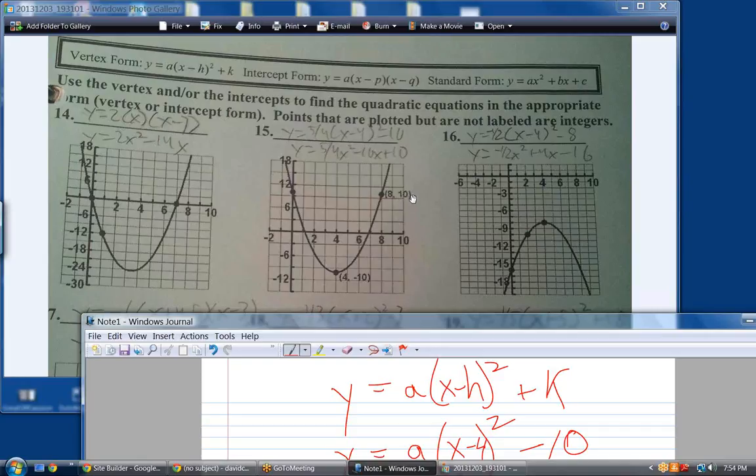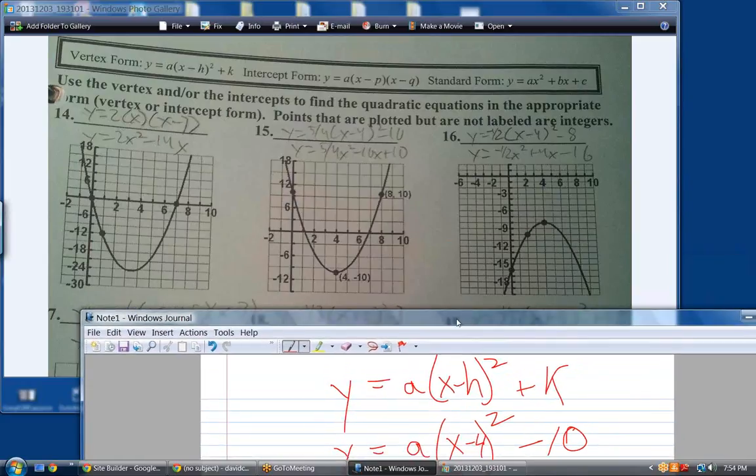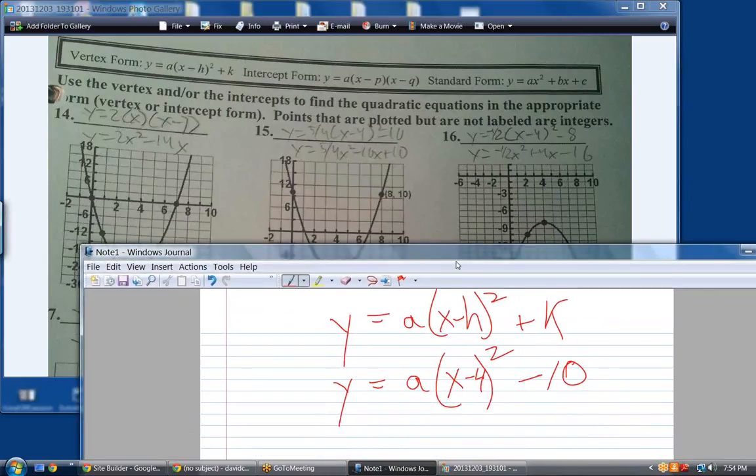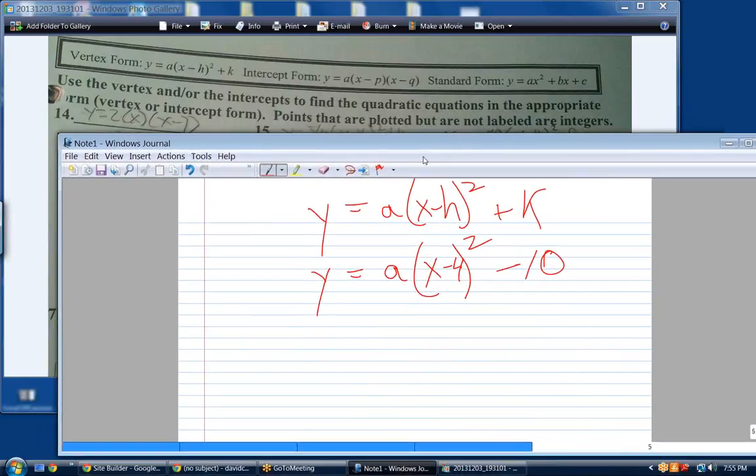I guess we can assume that it's 10, because it has to be symmetrical. Okay, let's use 0 and 10 for our points. Plug in the 10 for y and the 0 for x. So 10 equals a times 0 minus 4 squared minus 10.